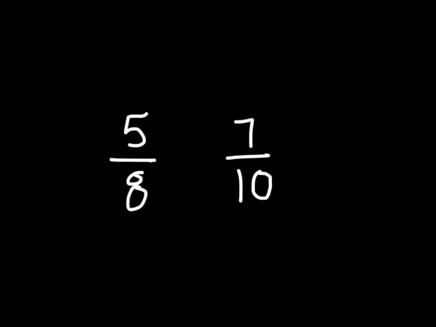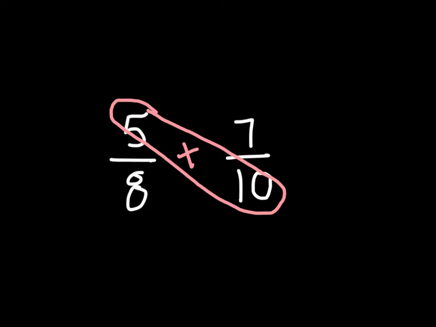Okay, so if we're going to use the butterfly method again, we're trying to figure out who's greater, 5/8 or 7/10. So I'm going to take my numerator in my first, my denominator in my second, and I'm going to multiply 5 groups of 10, which is 50. You'll notice I always put my first butterfly piece underneath my first fraction.